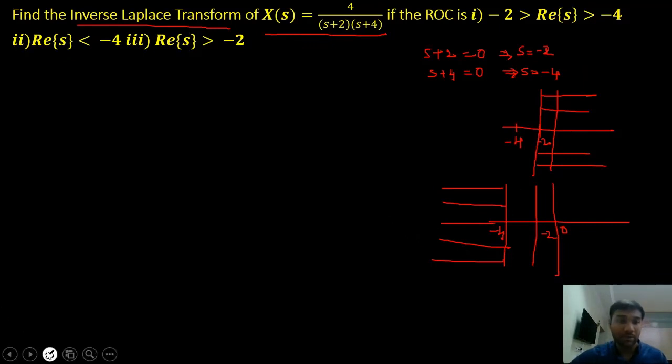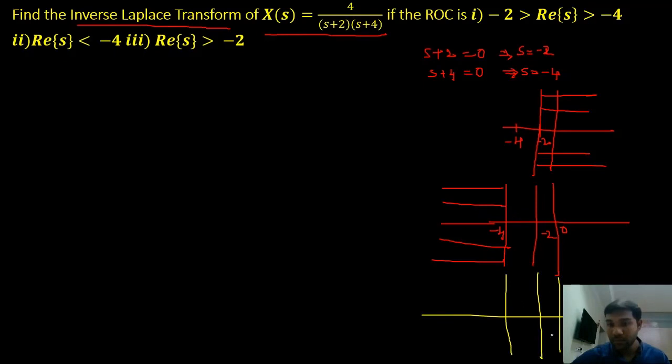That is why we are getting these two types of ROCs. And the third type of ROC is going to be, this is 0, this is minus 2, and this is minus 4, bounded by the poles in between minus 4 and minus 2.